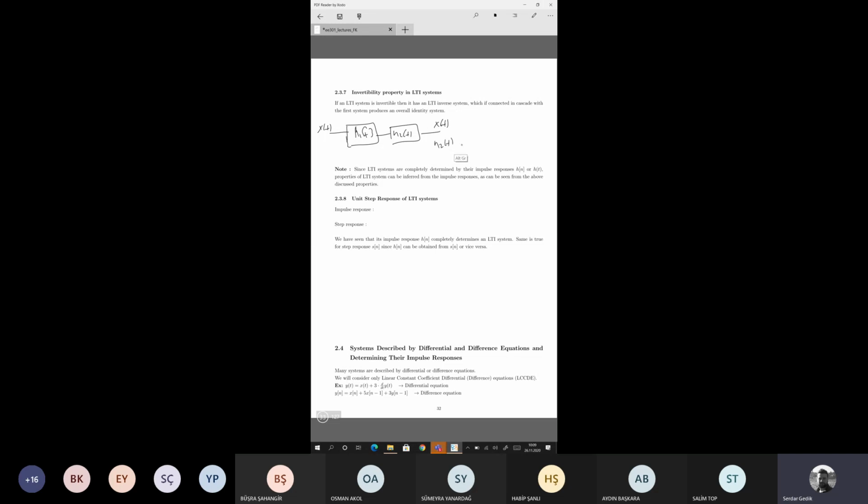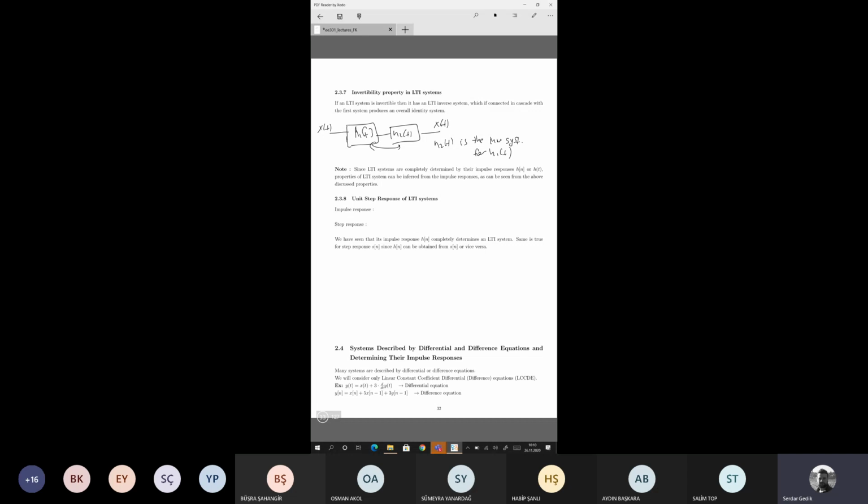So h2 of t is the inverse system for h1 of t. And of course, I know that I can interchange those blocks. So h2 is the inverse for h1, and h1 is the inverse for h2. So this is the vice versa case.